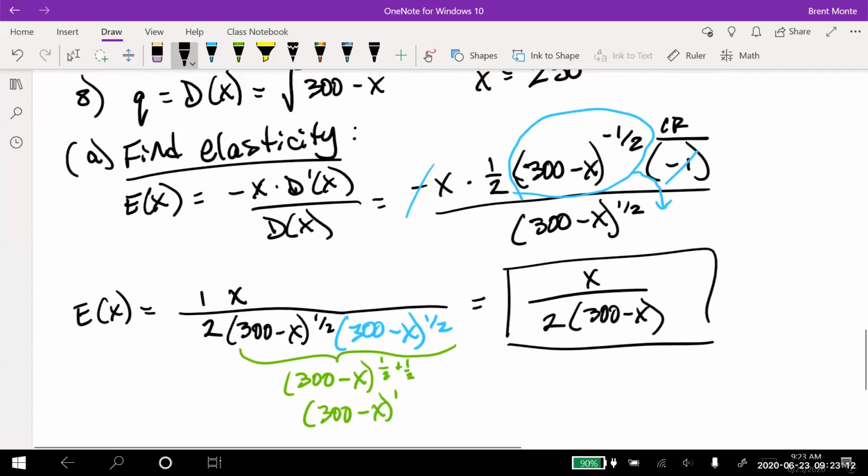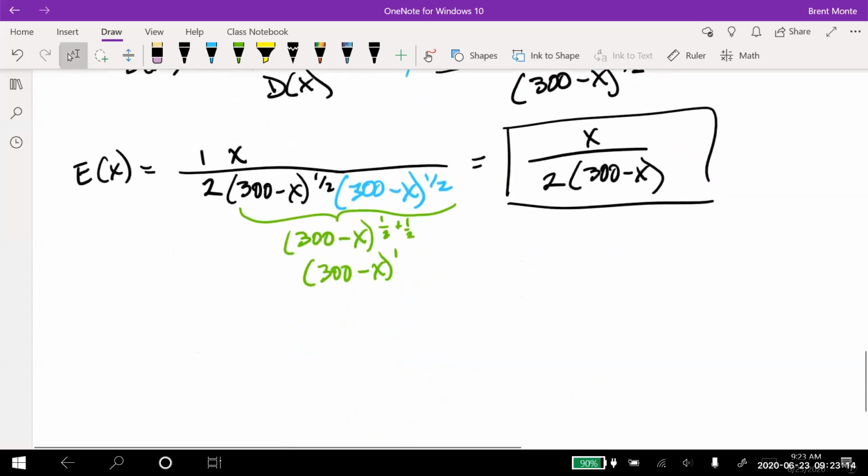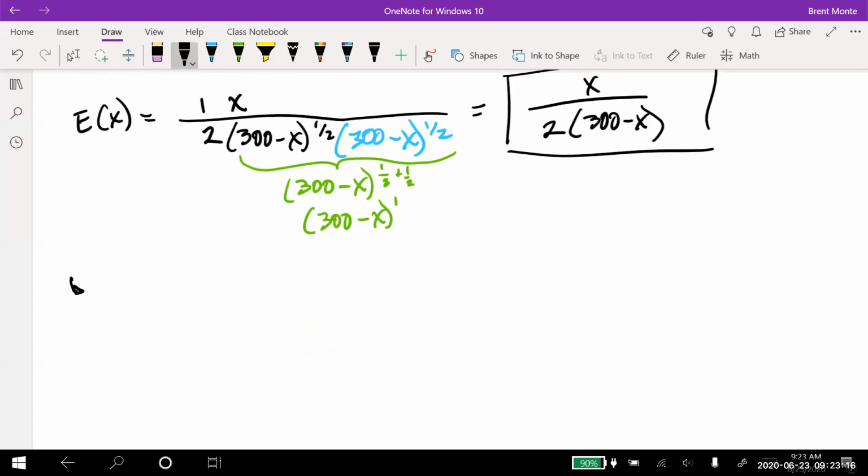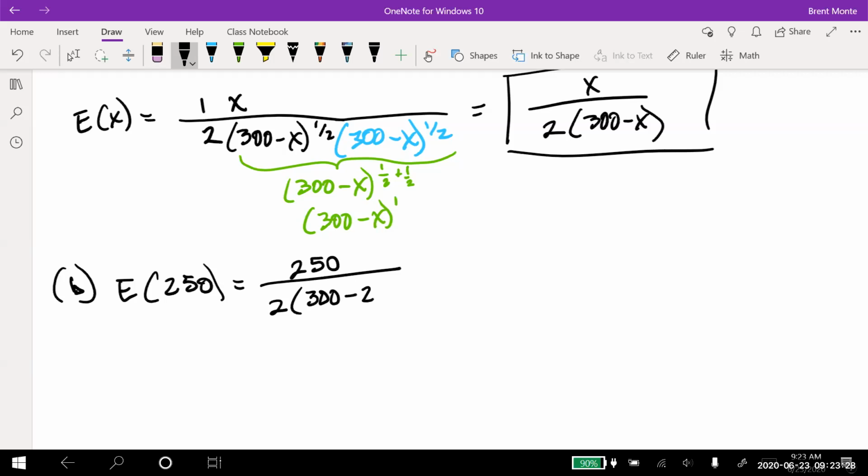All right. And remember, we're checking it at $250. So B, the elasticity at $250. So I go 250 over 2 times (300 minus 250). Well, the top's 250. Notice the bottom in the parentheses, that's 50. 2 times 50 is 100.